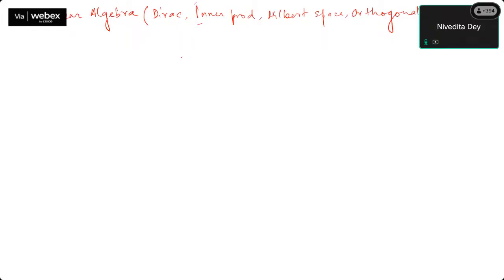We also covered the orthonormal basis and why it is very important for quantum mechanics.